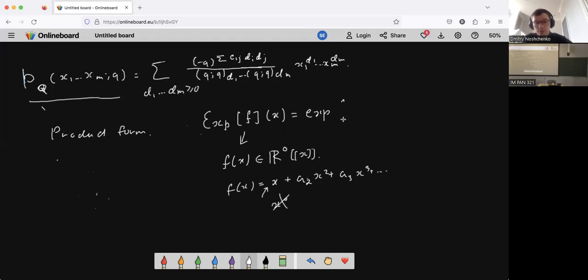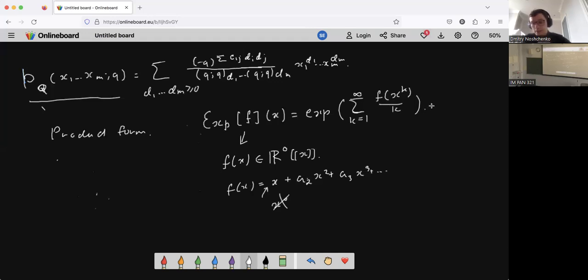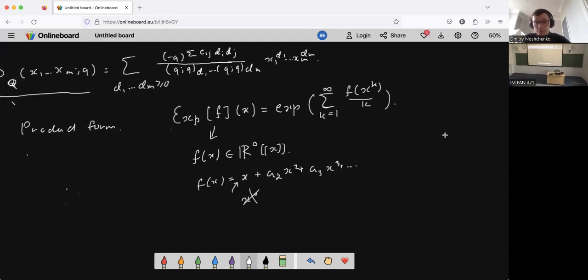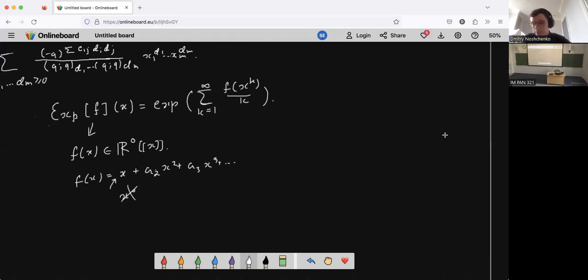So we take a usual exponential and write here the summation over k from 1 to infinity of f evaluated at x^k divided by k. So this can also be rewritten.